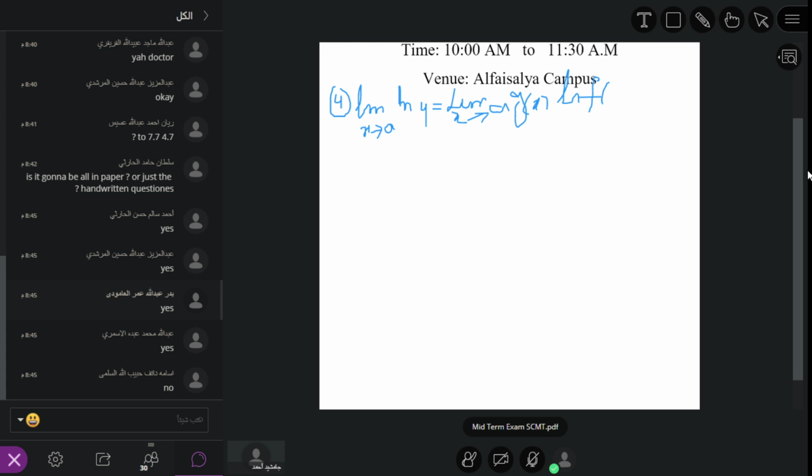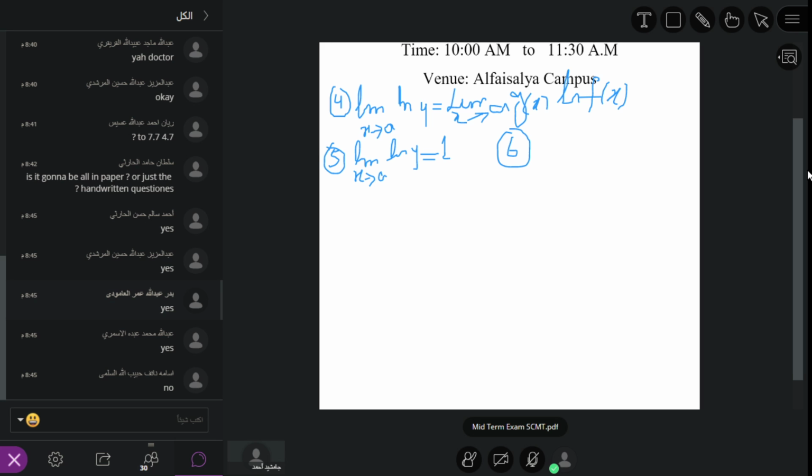In the fifth step we find the limit of ln y, and suppose it is equal to L. And what will be the answer at the end?